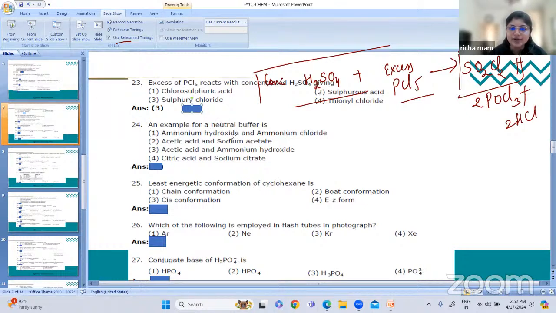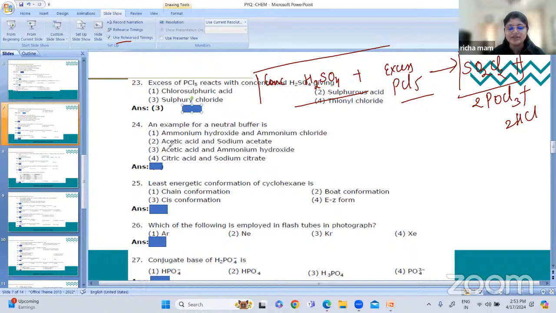An example for a neutral buffer is A, that is 1, ammonium hydroxide and ammonium chloride, 2, acetic acid and sodium acetate, 3, acetic acid and ammonium hydroxide, and 4, citric acid and sodium citrate. Yes, what is the example of a neutral buffer?